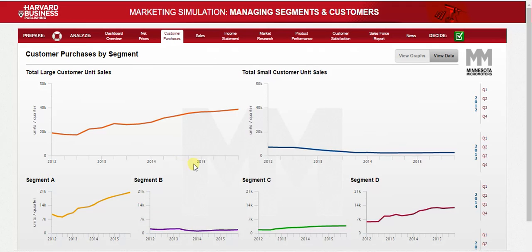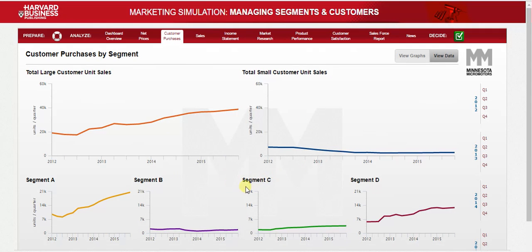Here's segment A, segment B, segment C, and segment D. It shows primarily A and primarily D was where I was getting most of my sales. Probably because segment B is my competitors' loyal customers, a little more difficult to grab them.